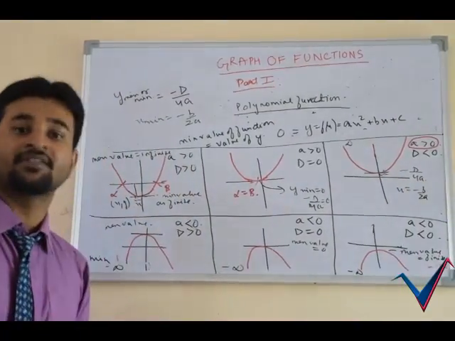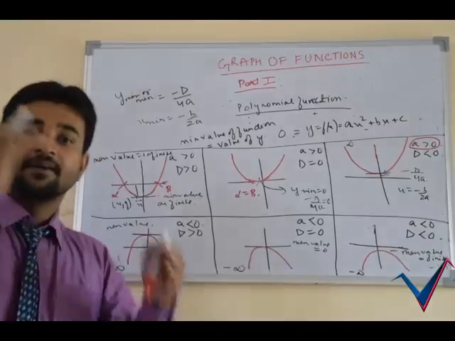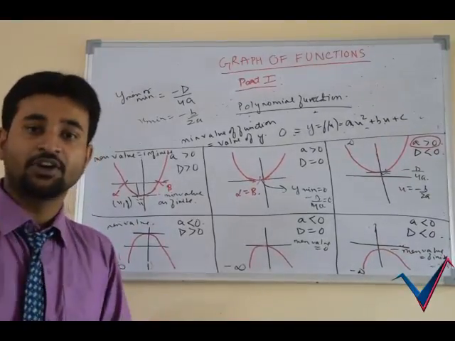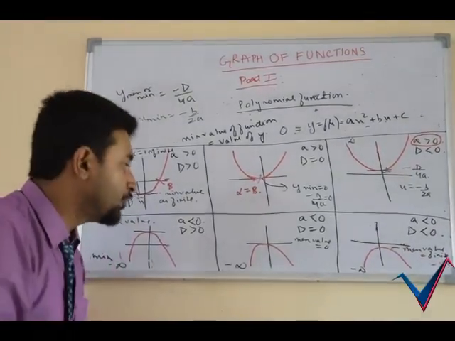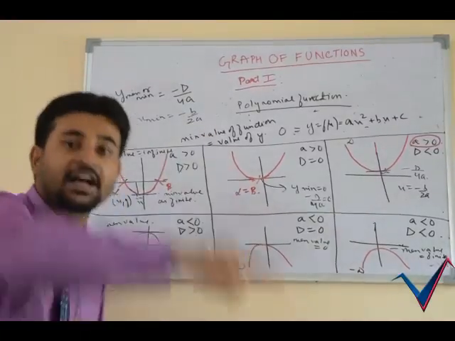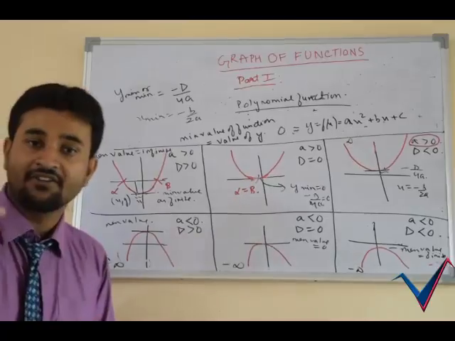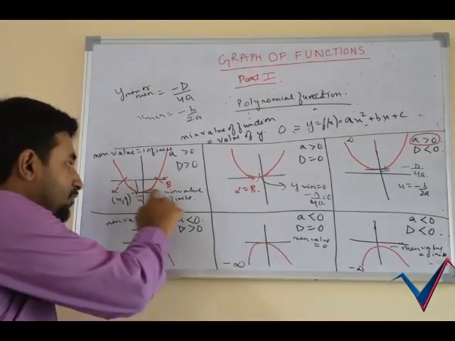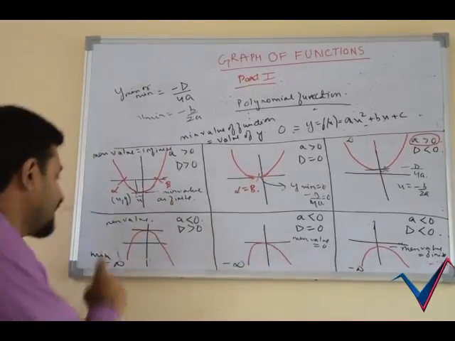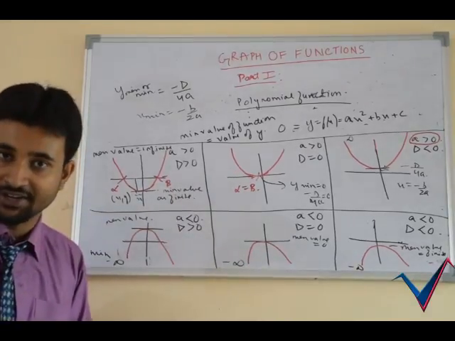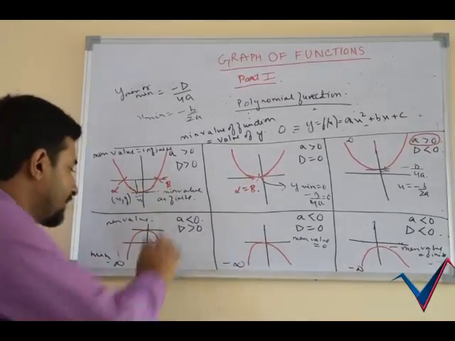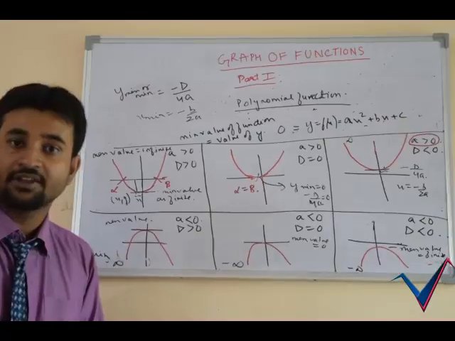So the minimum or maximum value of y is minus D by 4a at x equal to minus b by 2a. Whenever the graph is concave upwards, you will have the minimum value as finite. And whenever the graph is concave downwards, you will have the maximum value as finite.